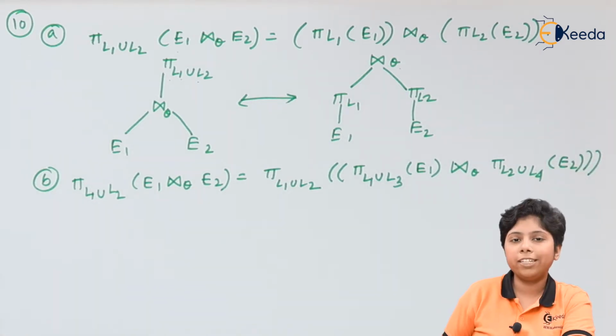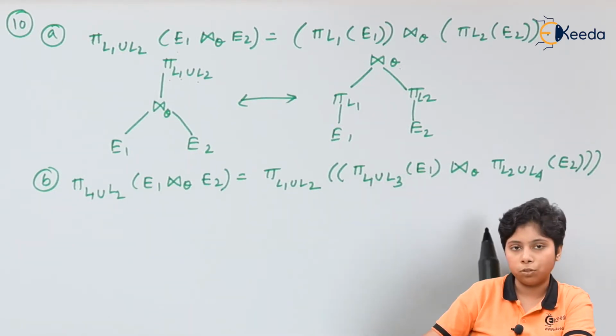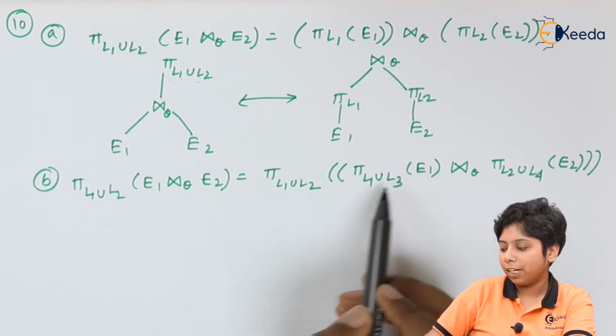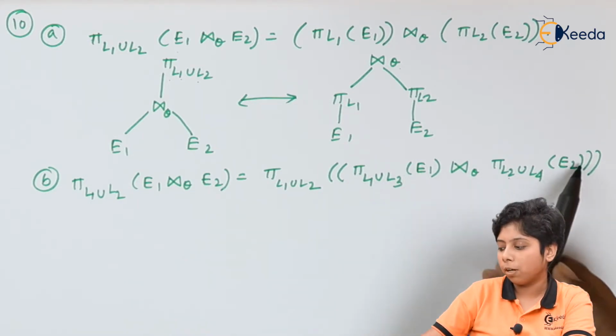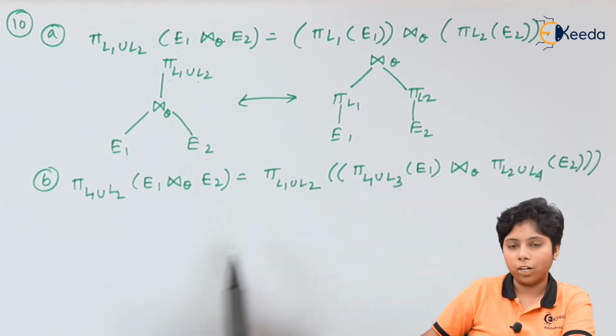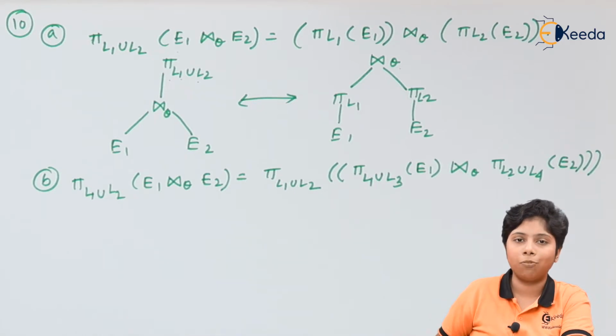Say there is one intermediate attribute for each of E1 and E2, that is L3 for E1 and L4 for E2. So we project the L1, L3 combination from E1 and the L2, L4 combination from E2, theta join them, and then project L1 and L2 from this joined relation.